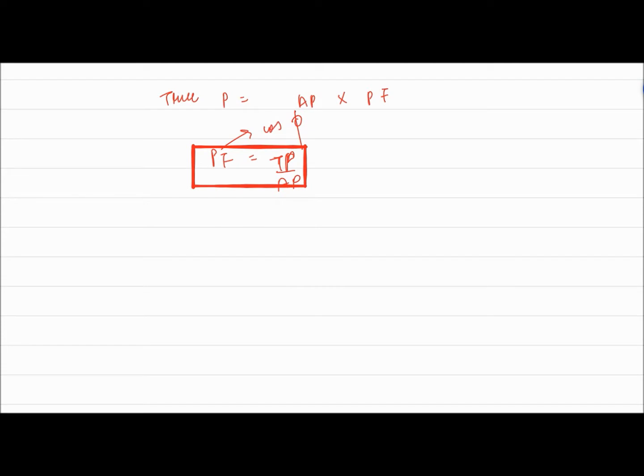Also, if we need to find the power factor by the impedance triangle, the impedance triangle looks like this. We have a right angle triangle. We have R here, we have XL minus XC here.